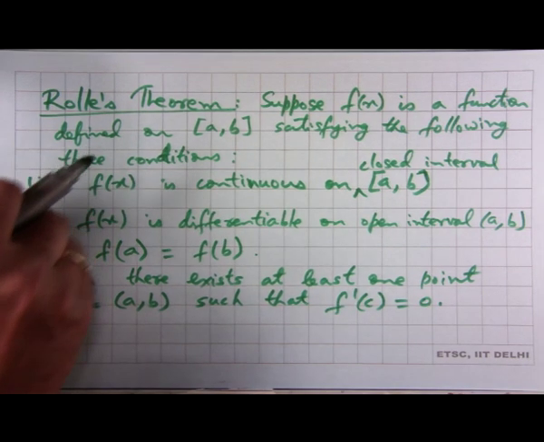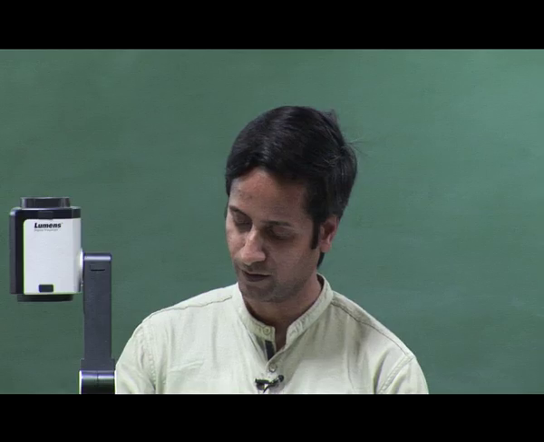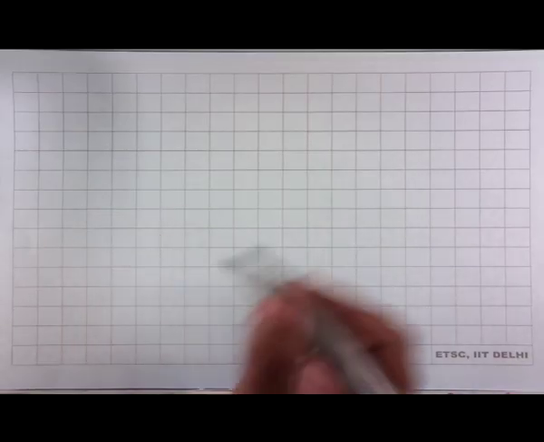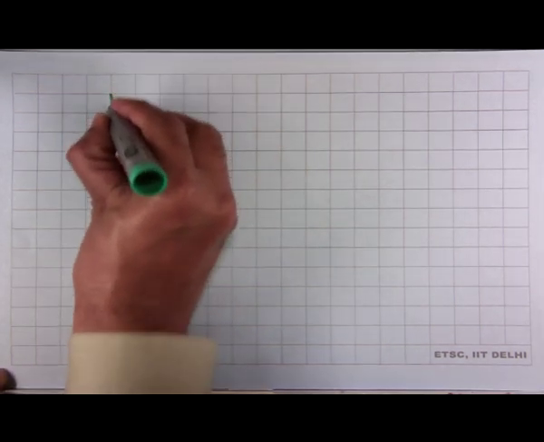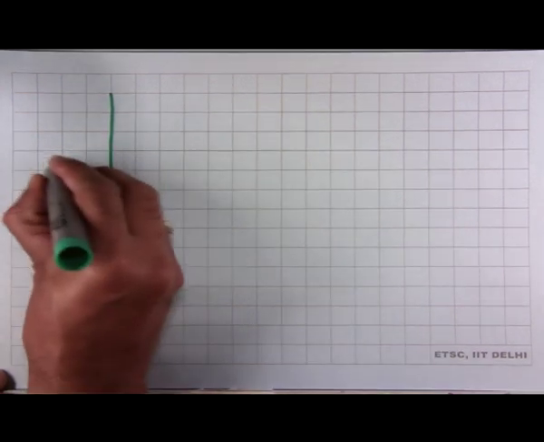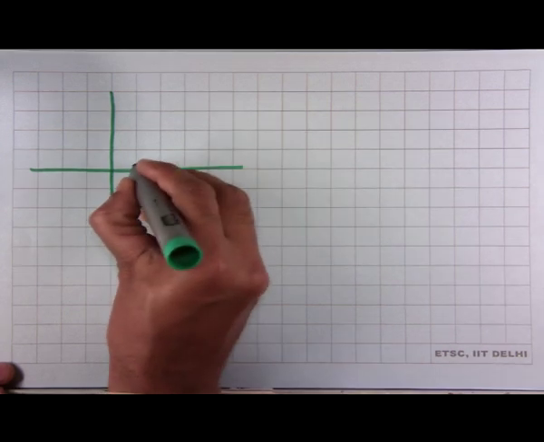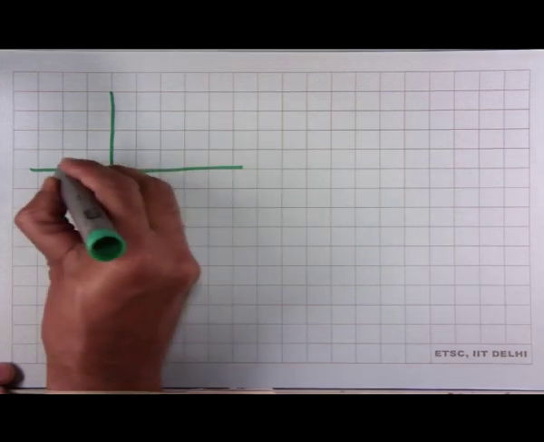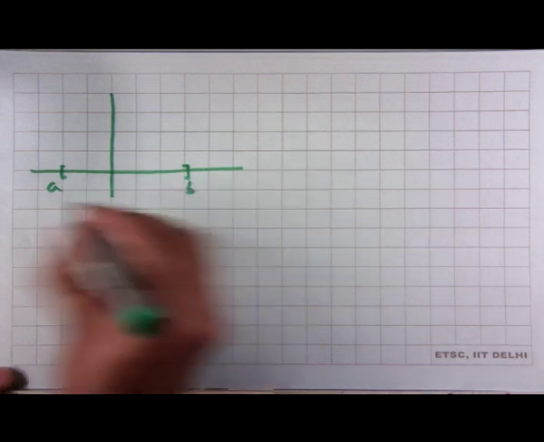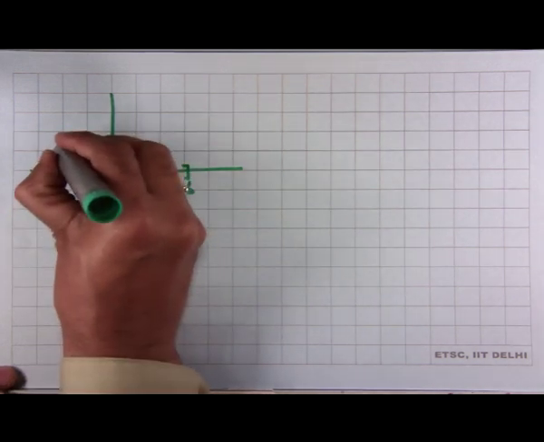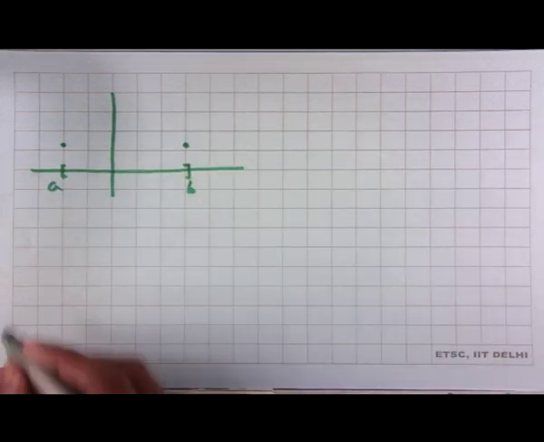So, let me try to explain this Rolle's theorem by means of these examples. I have this interval [a, b], and the third condition says that f(a) must be equal to f(b).